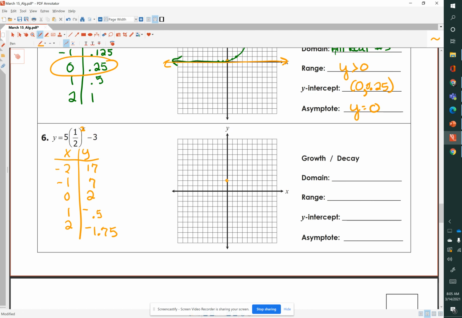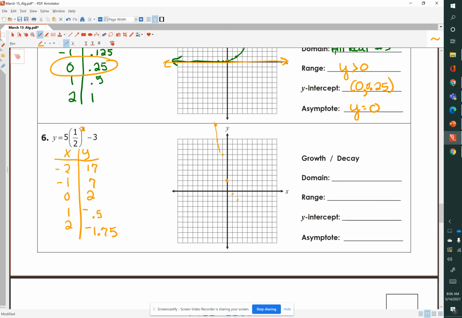Here's our y-intercept, 0, 2. We have -1, 7, -2, 17, which would be way up there. It's off our graph. 1, -0.5, and 2, -1 3/4, right about there.